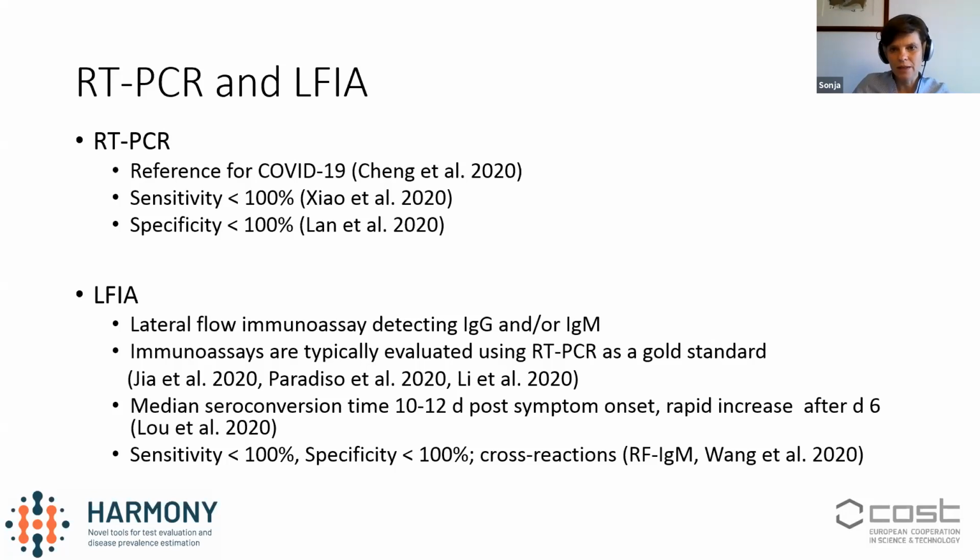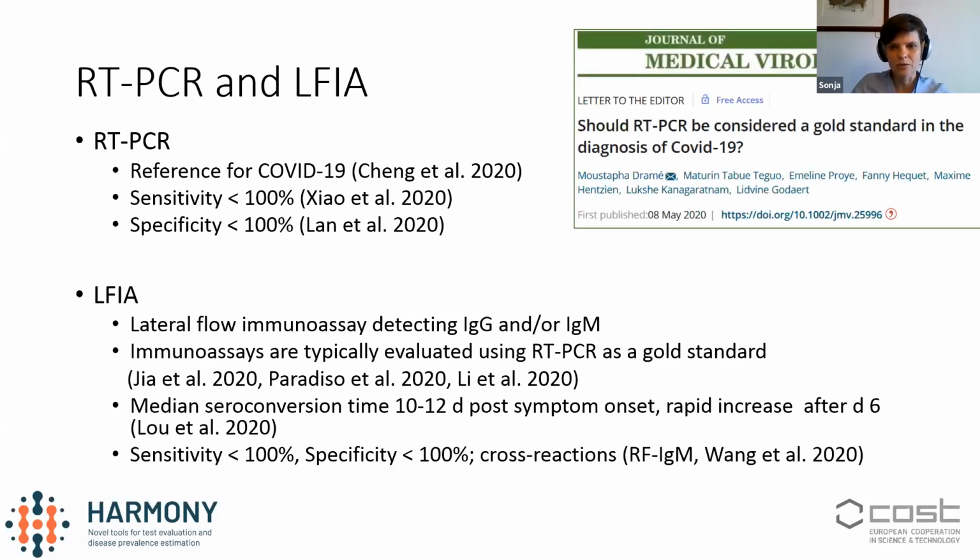But as you've seen, this is questionable, and there's also a paper which appeared questioning, should we really use RT-PCR as a gold standard? Because if you compare a newly developed test against a test which is not 100% perfect, then you will have biased results. But this was done a number of times, and this was also one of the motivations why we undertook our study.